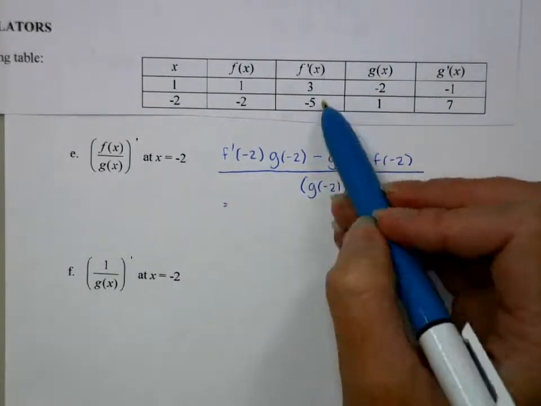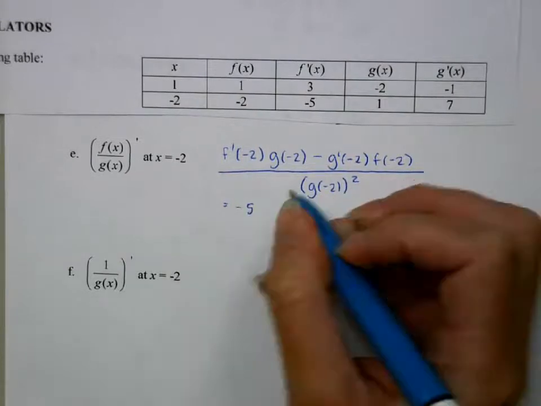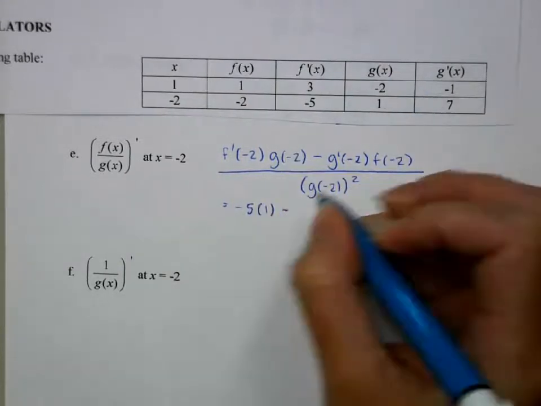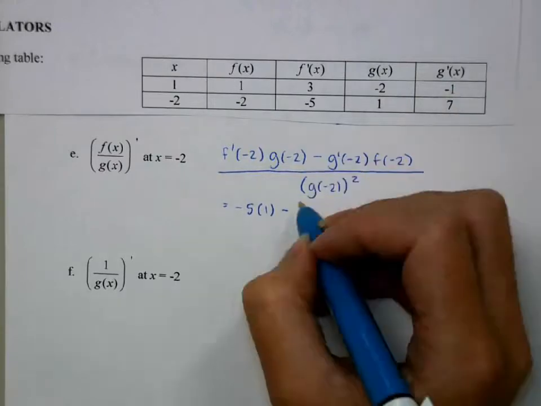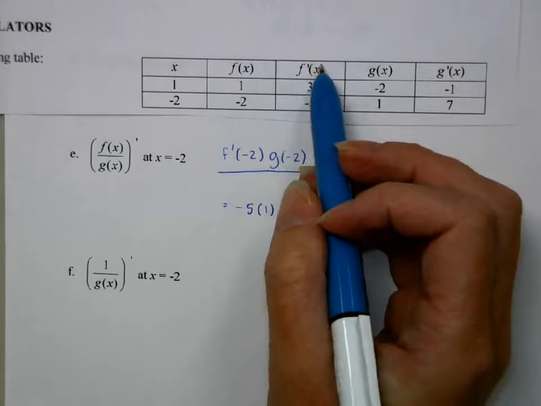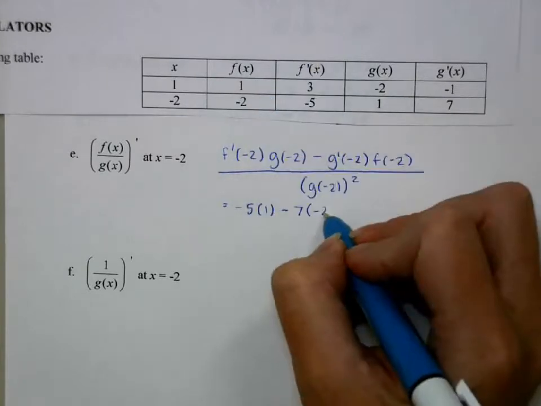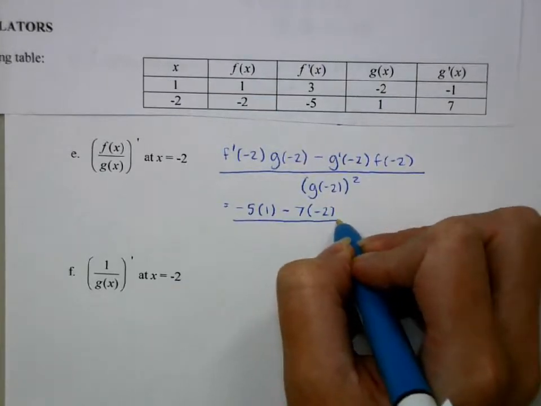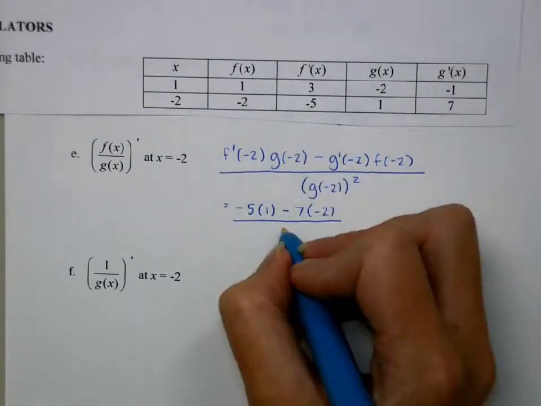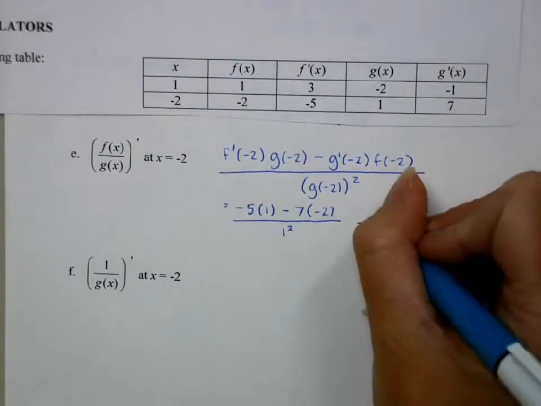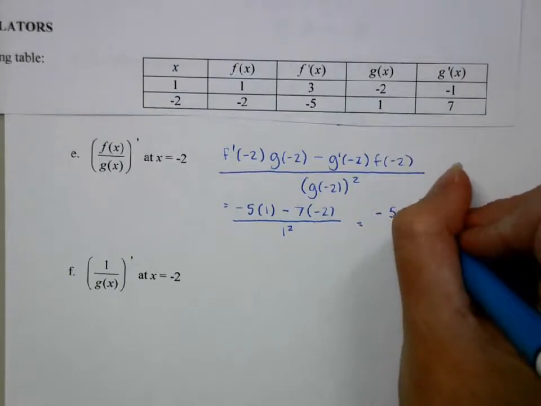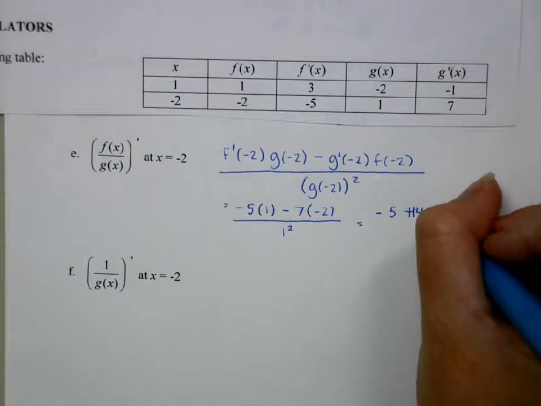F prime of -2 is -5, g of -2 is 1, minus g prime of -2 is 7, f of -2 is -2, g of -2 is still 1, so this will be a -5 plus 14 over 1, which is 9.